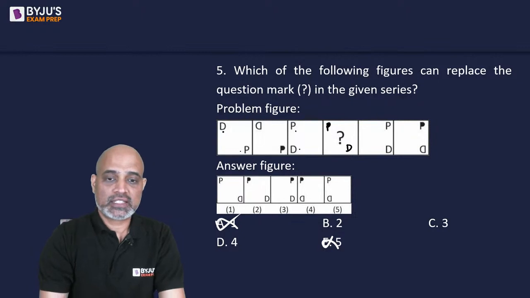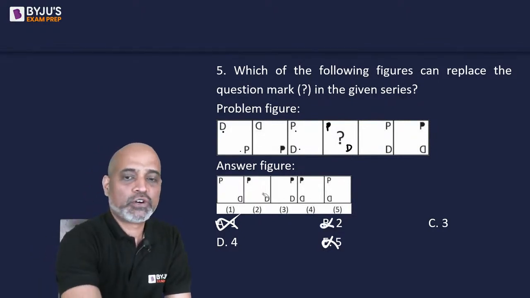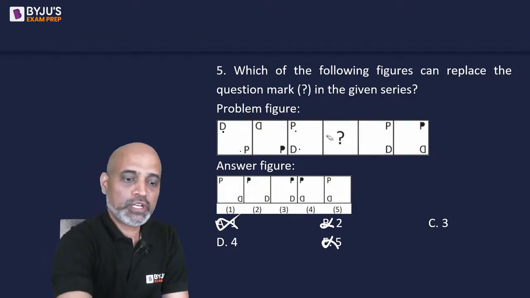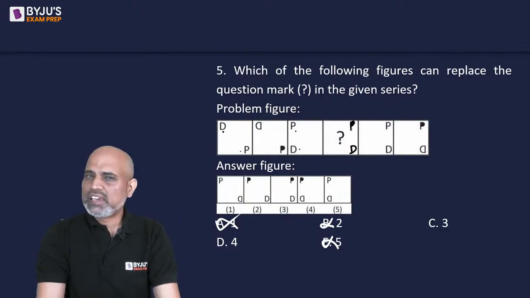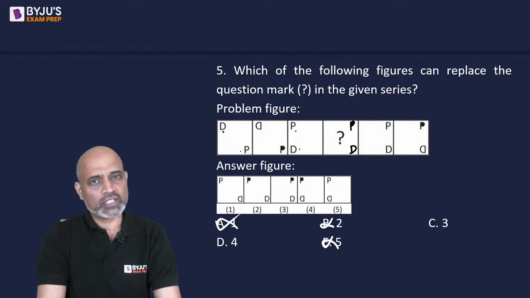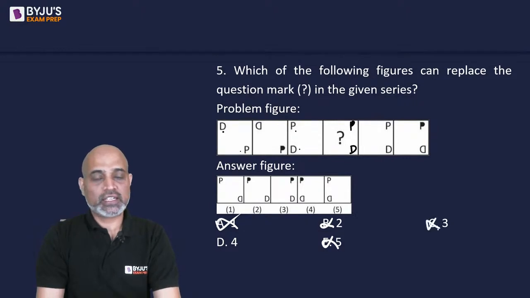That means second also doesn't make sense. Let's pick the third option. If we put in the third option, we are going to have P here shaded and then we are going to have D here. If P's semicircular part is shaded, how come D looks like D? Why not inverted one? So the third option, that is option C, is also discarded.